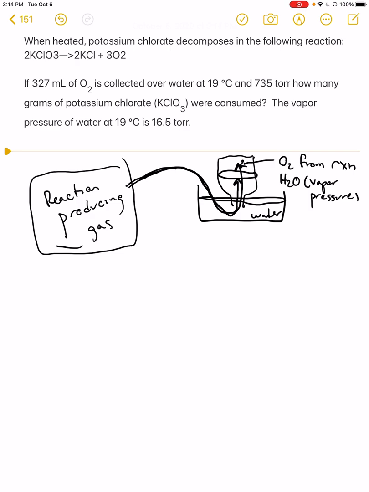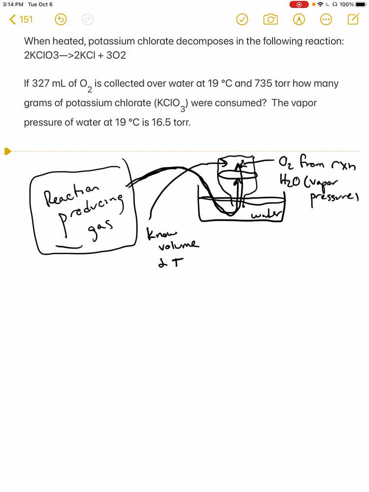So there is a place up here at the top where the oxygen can be collected. And we can also, by geometry, know that volume, and we can measure the temperature.